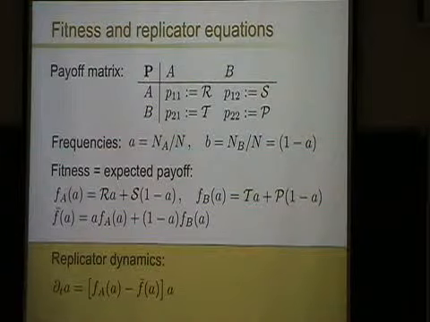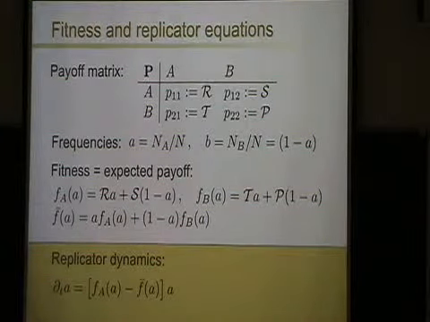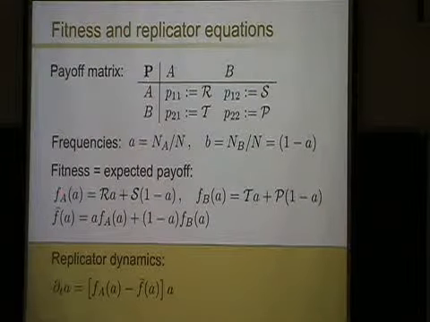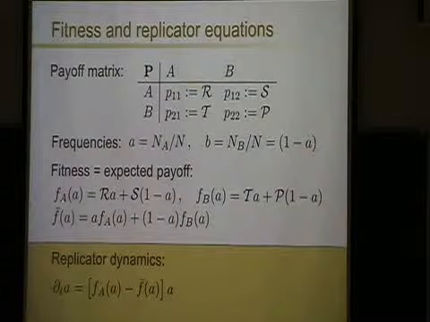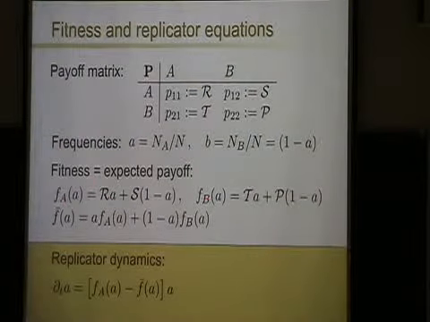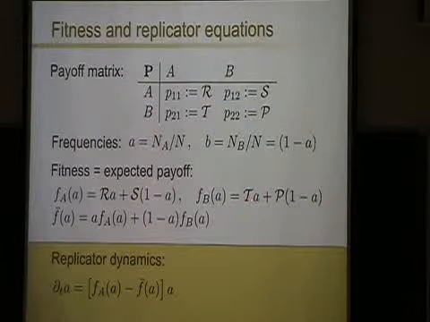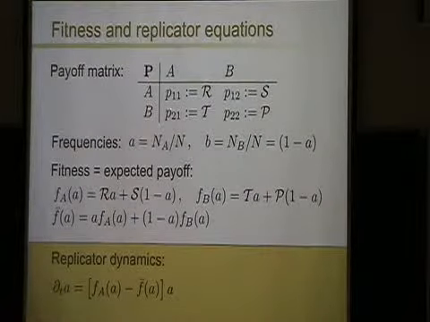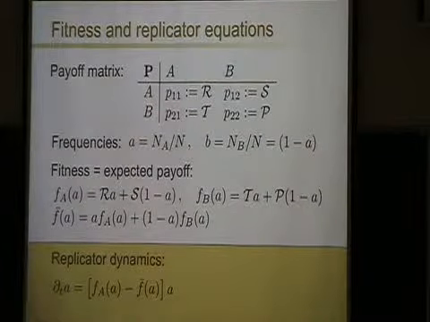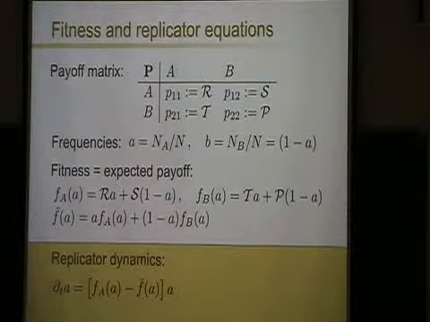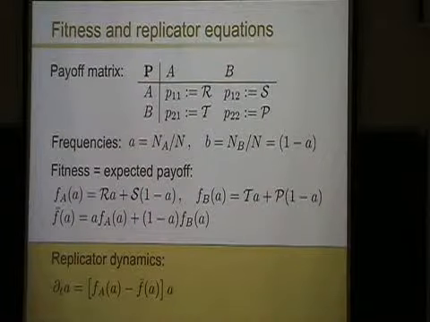Can you restate the physical meaning of F_A and F_B? I said, this is the fitness of a player of type A, and this is the fitness of a player of type B. The way you define the fitness is by averaging over your payoff given the frequency A or B of your opponent.